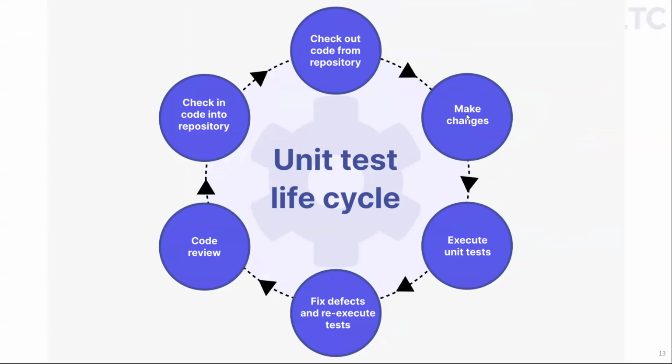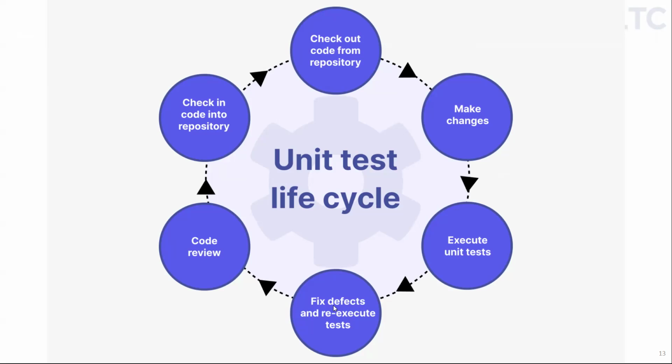And if you have not written the unit test, and if the code is old code, somebody somewhere may have written the unit test. When you are running the unit test, it will either break or pass. Then you need to fix the defects and re-execute the test. You find the problem, you rewrite the code, you test again.